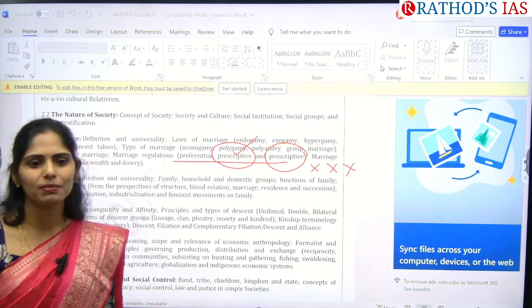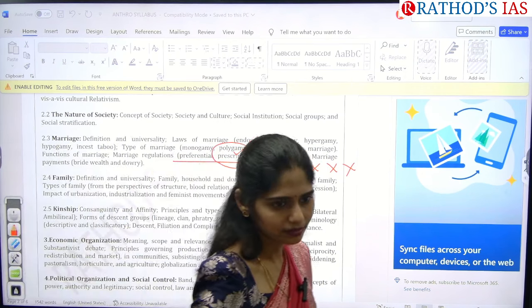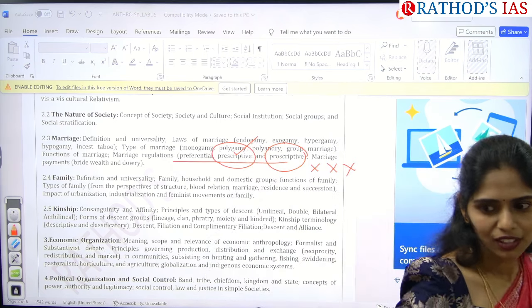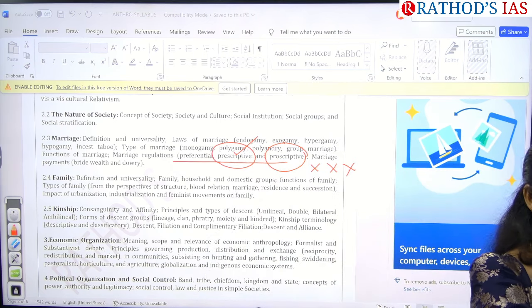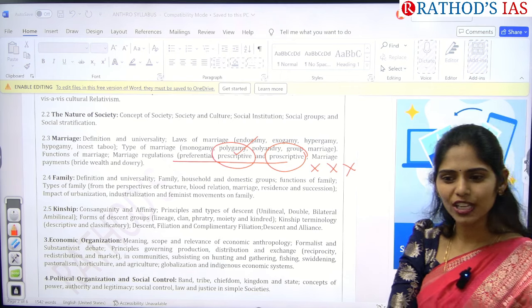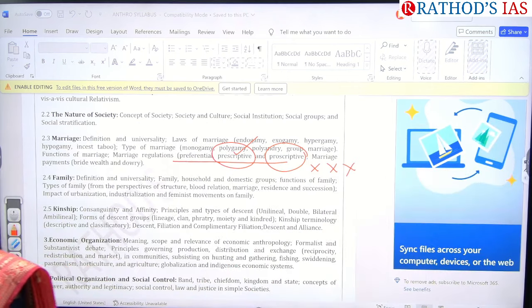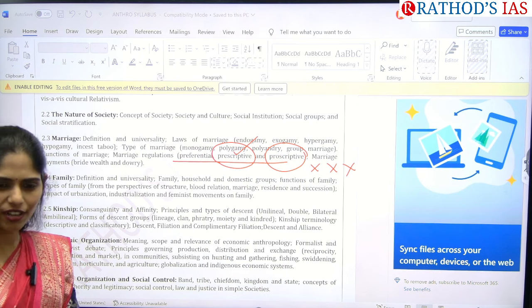Can you tell me some examples where your family says no strictly, which will be universal? Can you go for a same Gotra marriage? The people belonging to the same Gotra are brothers and sisters. If brothers and sisters are allowed to marry, is it right?